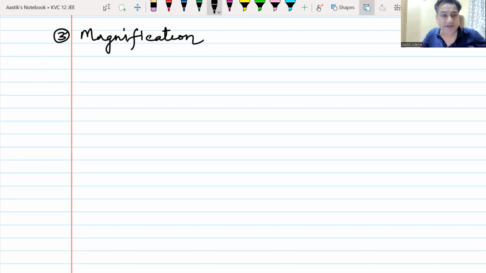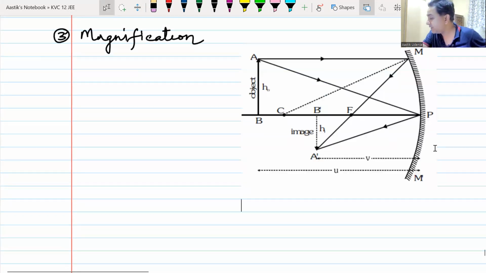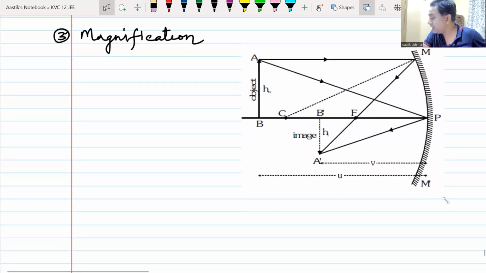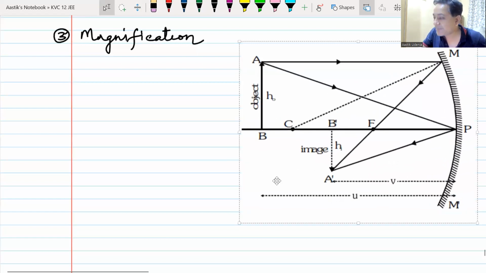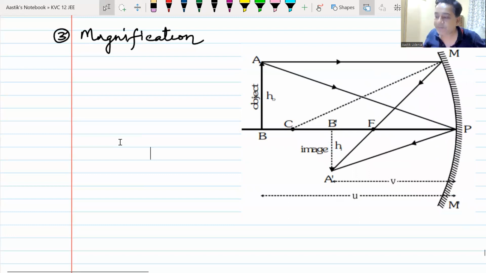I hope you all understand what magnification is. Who is going to help me understand what magnification is? Minus v by u. Tell me the definition first. What is magnification? My least concern is the correct answer. My only concern is the correct concept.